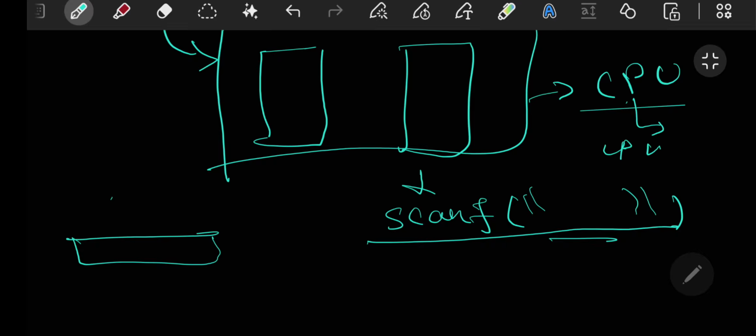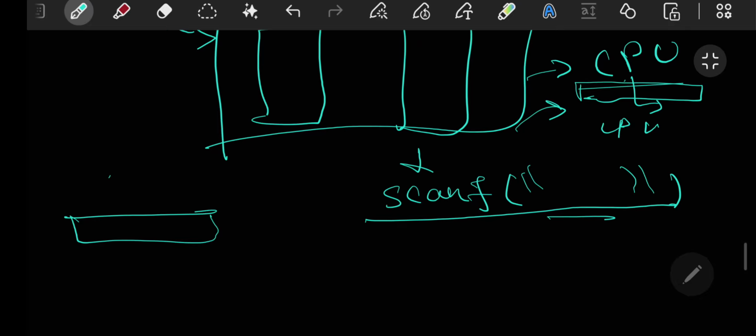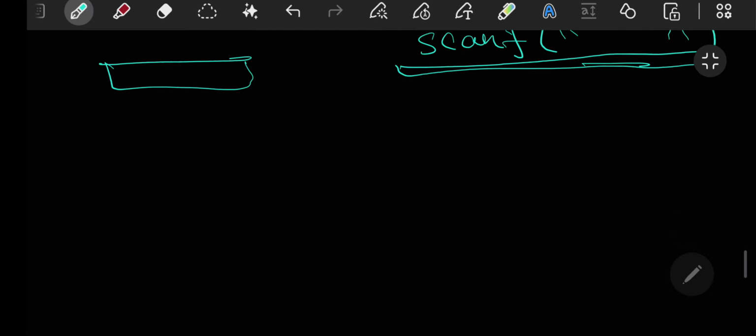The CPU is extremely fast and other devices are slow. So we had to do something such that the CPU doesn't stop and everything else aligns to the speed of the CPU. There would be a huge mismatch of speed, and we can't let the CPU sit idle just because the user is writing input. The user can take any amount of time to write the input, and we can't just make our CPU sit idle. So we had to come up with a solution.